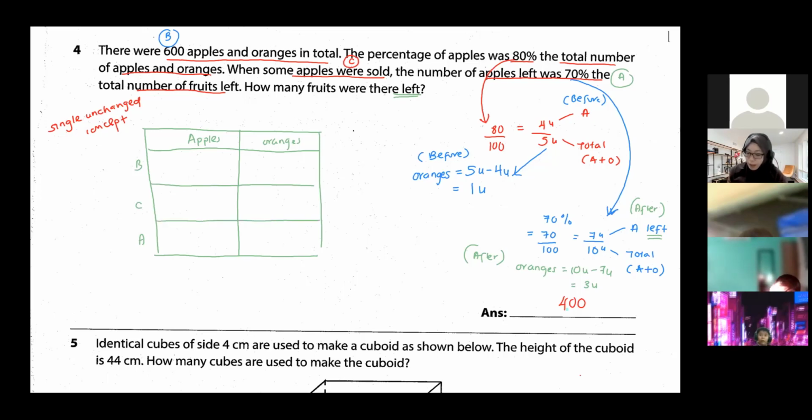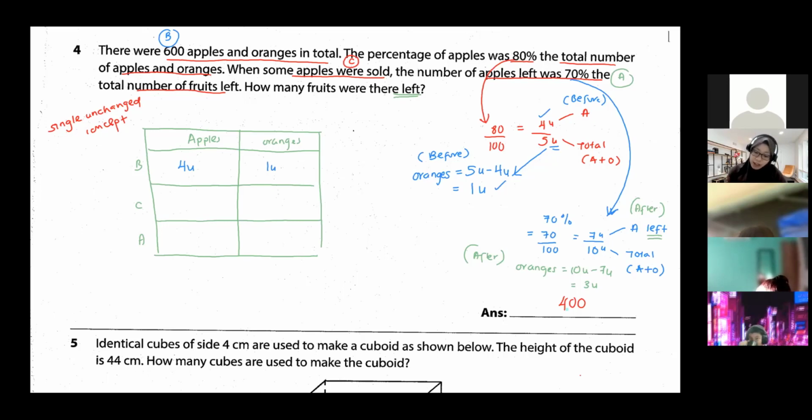Okay, then we fill up according to what we have already identified in the question. So the before apples is 4 units. Where do I get that from? Here. Before oranges is 1 unit. There, I get that. Okay, the total is 4 plus 1 is 5 units. So correct, that's what I have at first, 5 units here, from here.